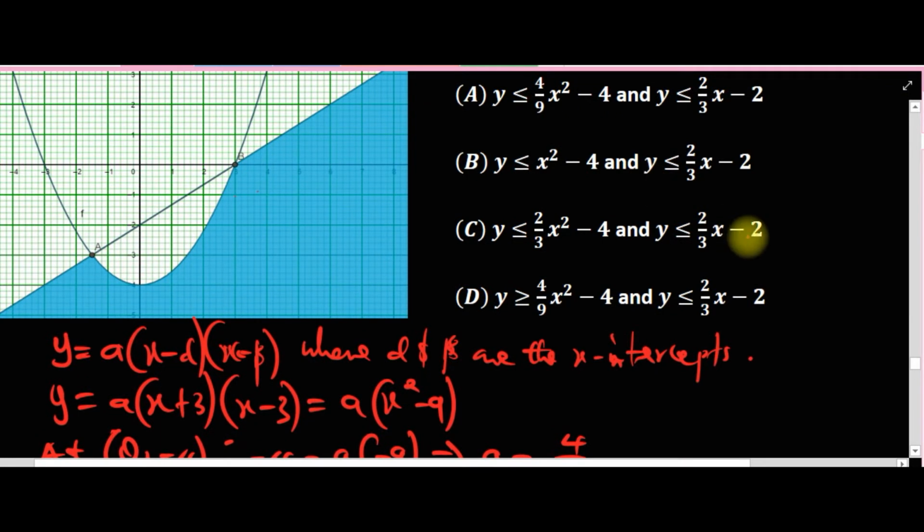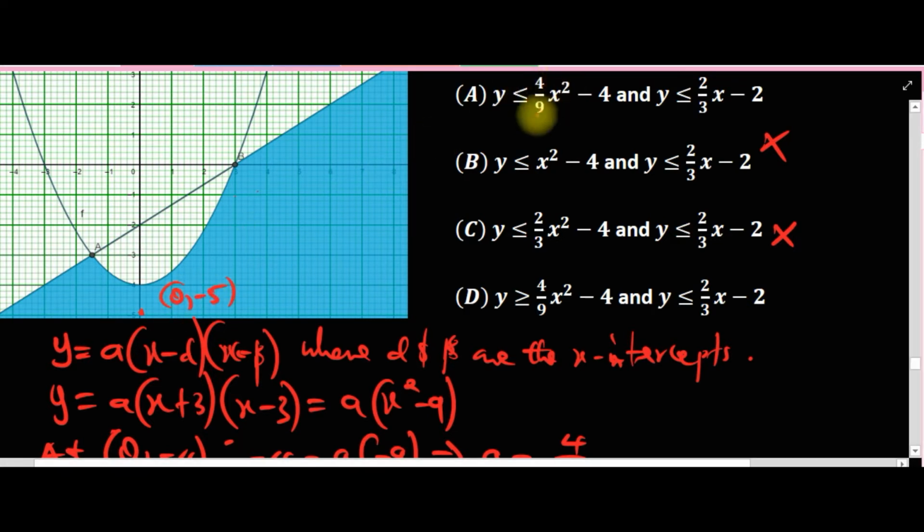So this is off. This is off. Remaining this and this. This is where we use our inequality, as we test using the inequality. We choose a point inside the shaded region, and the best point is (0, minus 5).